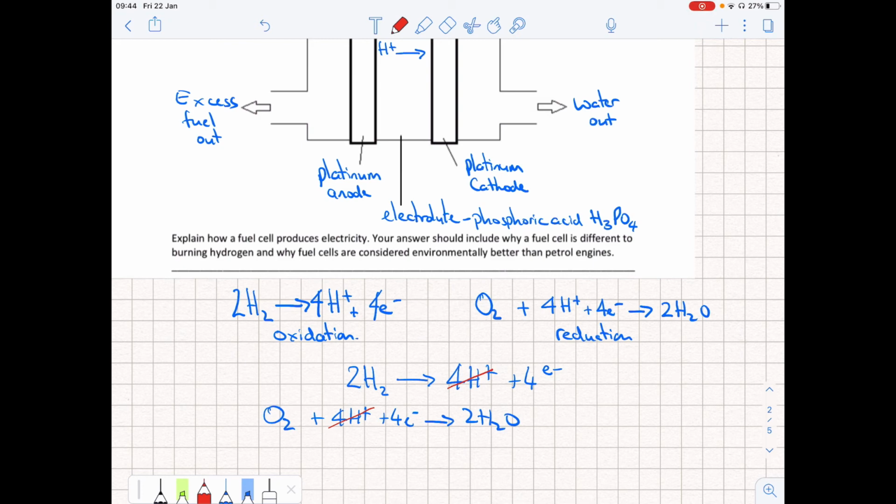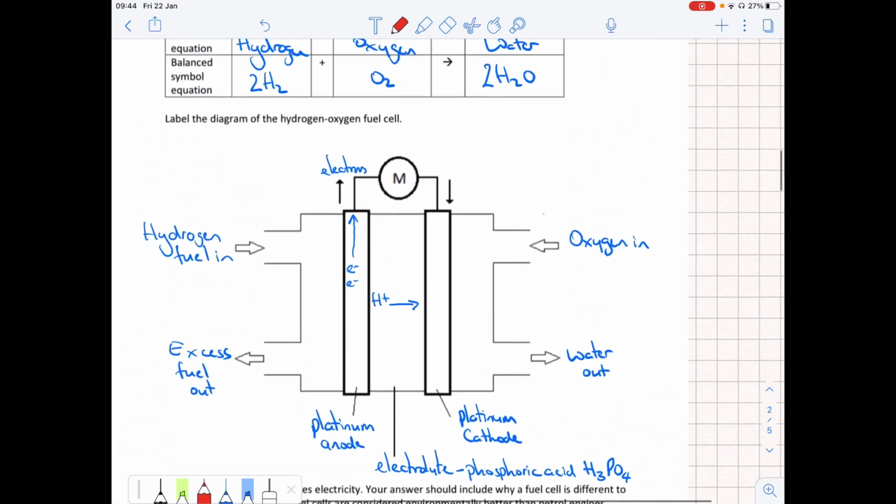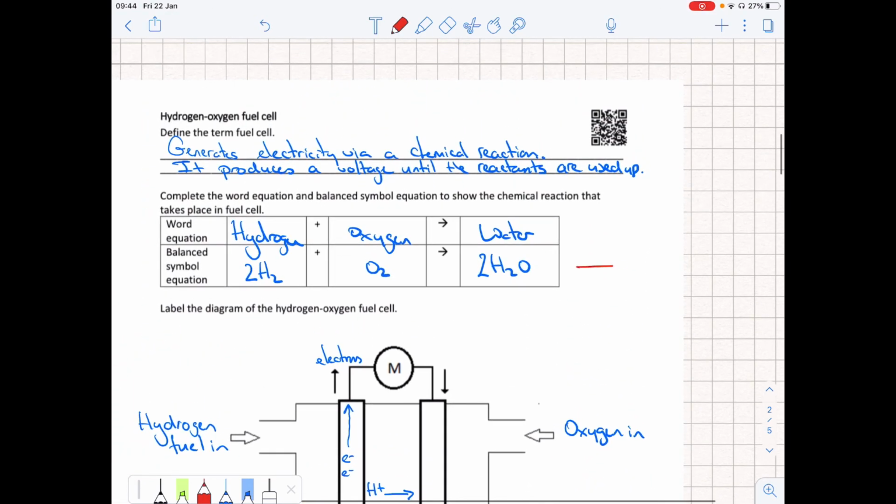So when we bring these two together, that's what we're going to try and do, merge these two. They will cancel out, as will the 4 electrons here and the 4 electrons here. So what I'm left with is 2 lots of hydrogen, reacting with 1 lot of oxygen, making 2 lots of water. And that equation that we've just written is the same equation that we worked out earlier on. So you can see how that equation just becomes the equation for this reaction.